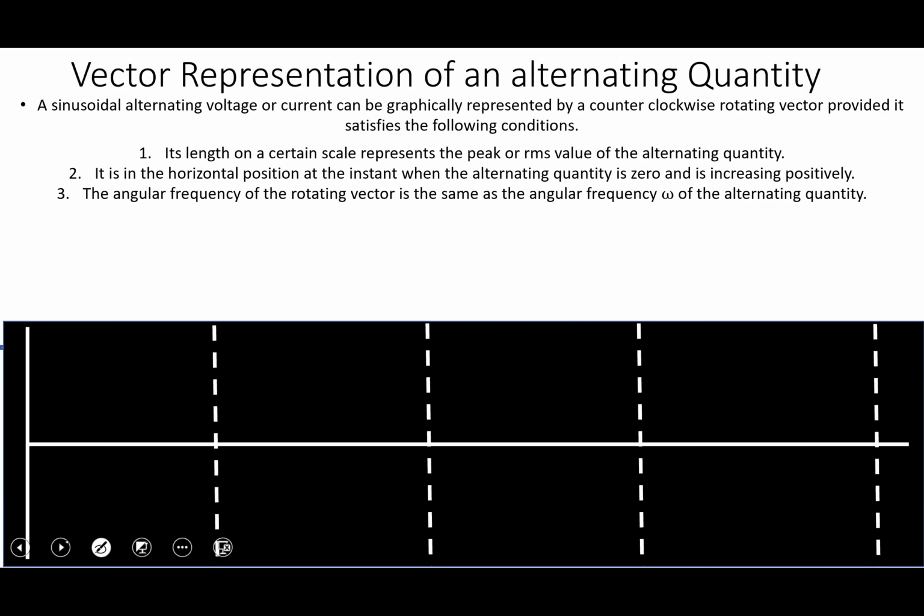Now, if we divide the whole time period into 4 parts, let's say at this point it was 0, at this point it was T by 4, at this point the time period was T by 2, at this point it is 3T by 4, and at this point it is T. In the form of radian, it is 0 at this point, pi by 2, then pi, then 3 pi by 2, and last but not least 2 pi, just like in the previous slide.